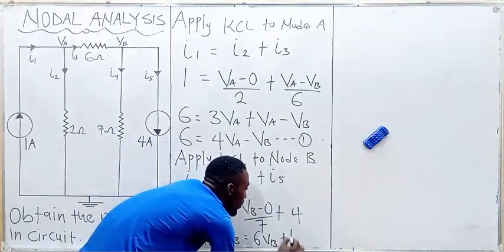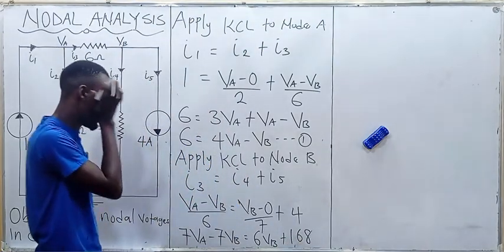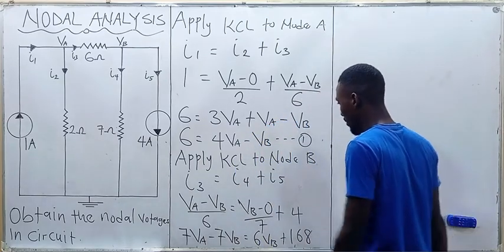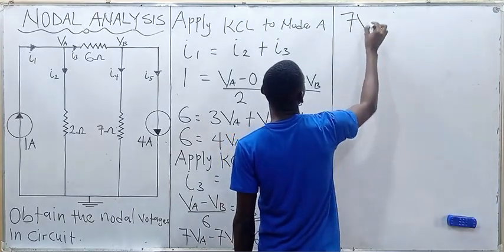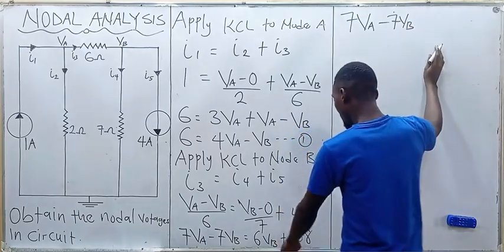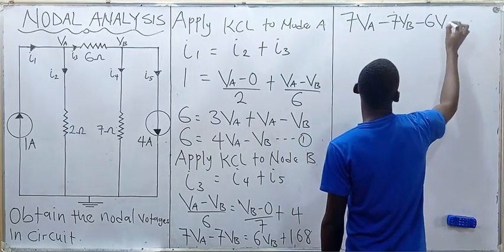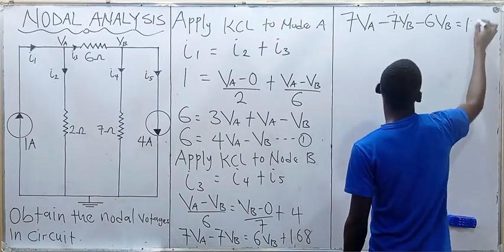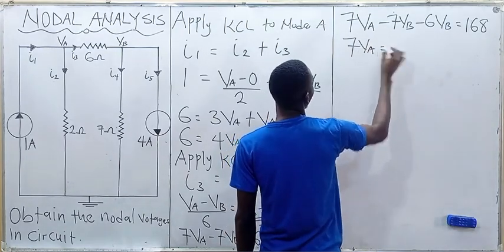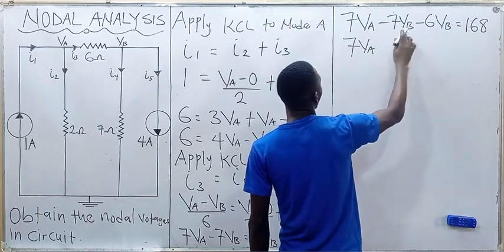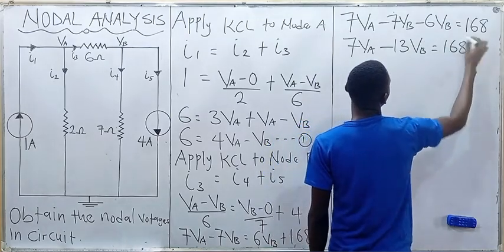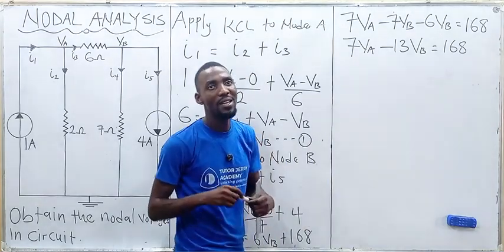If you collect like terms, we have 7VA minus 7VB minus 6VB equals 168. So 7VA minus 13VB will be equal to 168.